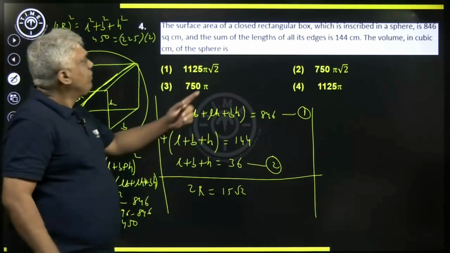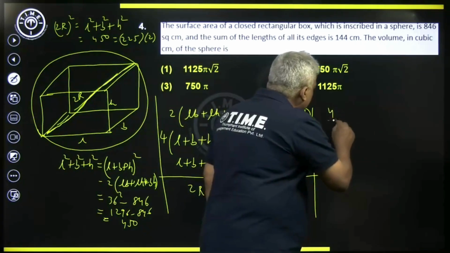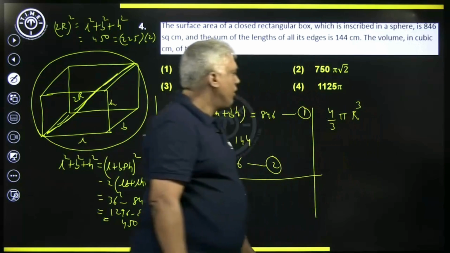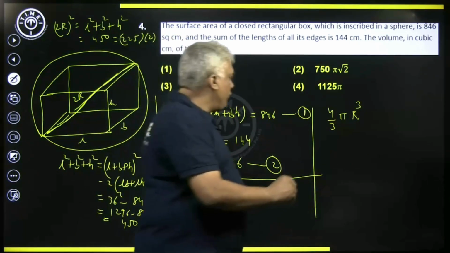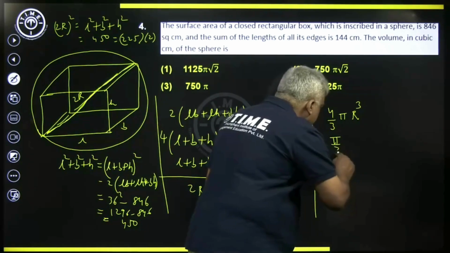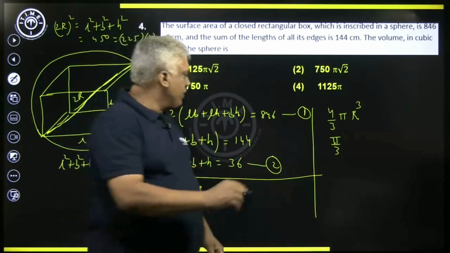We have to find the volume of the sphere. Now the volume of the sphere is 4/3 pi r cube, and we can write it as pi by 3 times 4r cube.